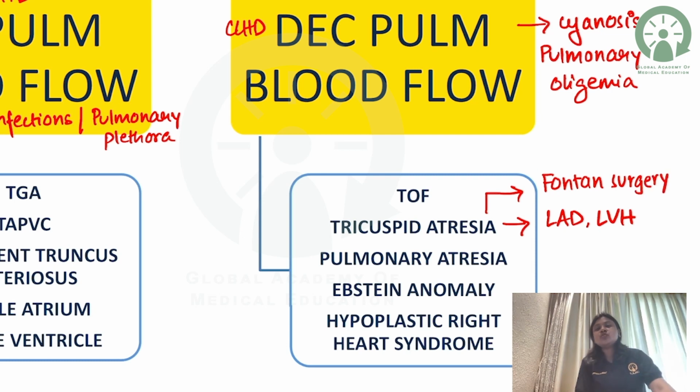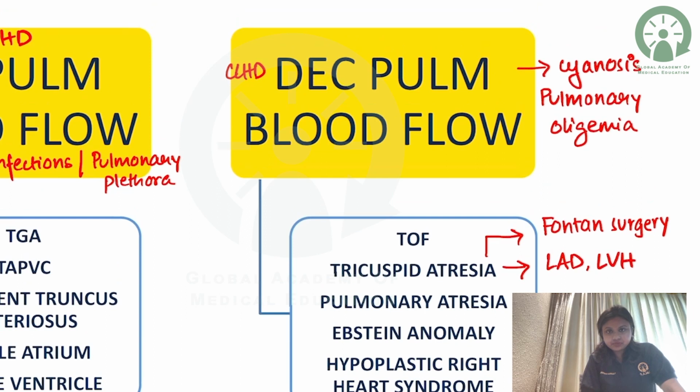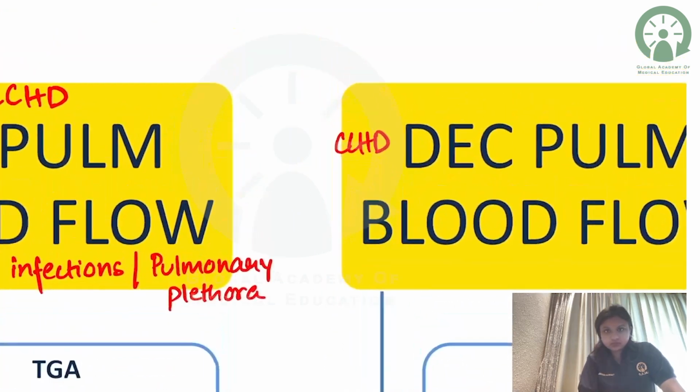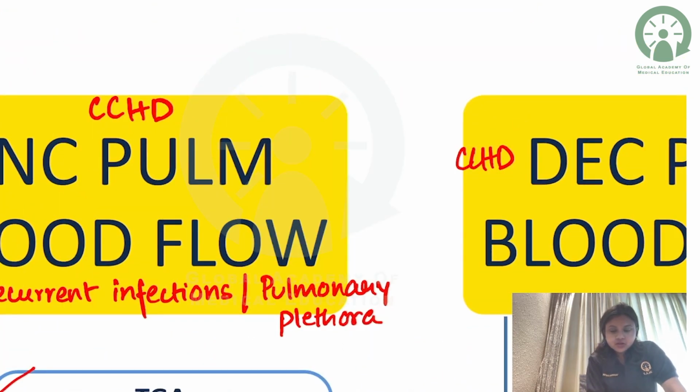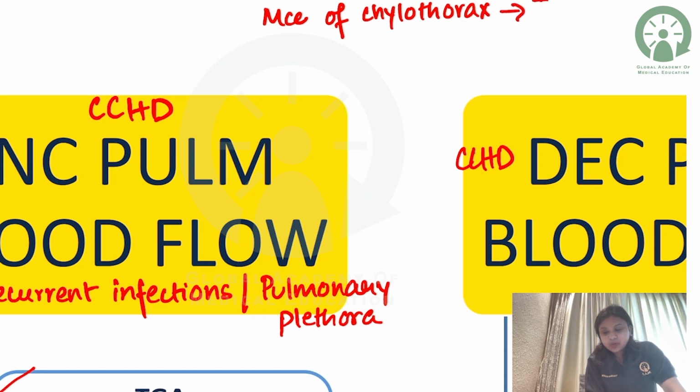And there is another one-liner question regarding this Fontan surgery. What is the most common cause of chylothorax? Most common cause of chylothorax is trauma. So let me write over here. So most common cause of chylothorax, the answer is trauma.